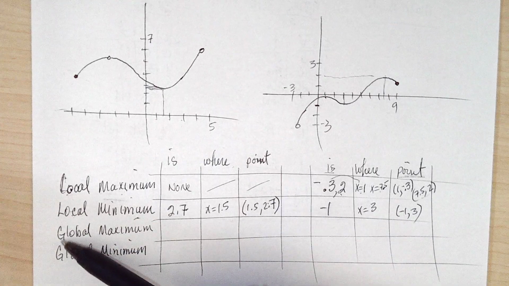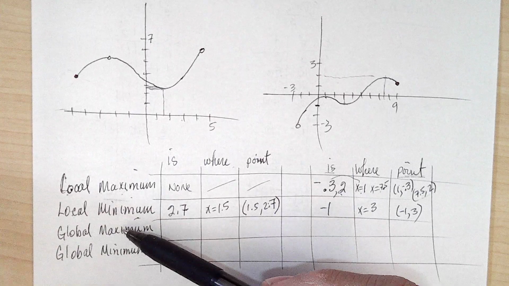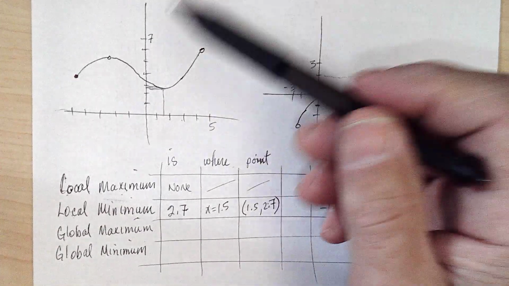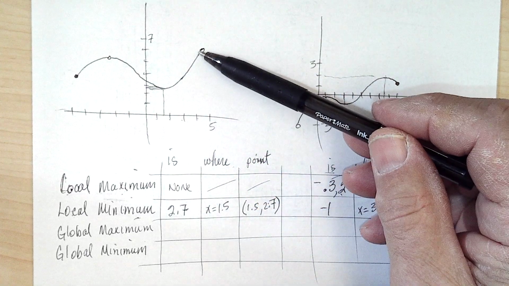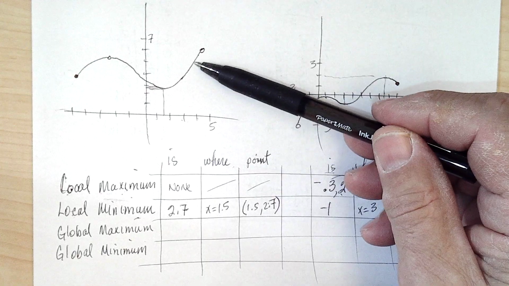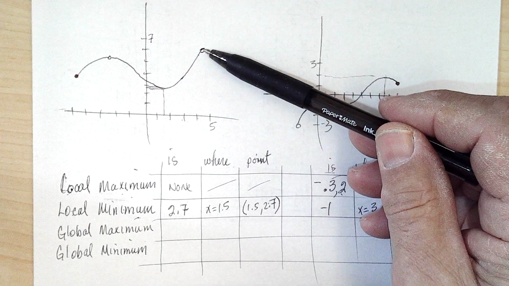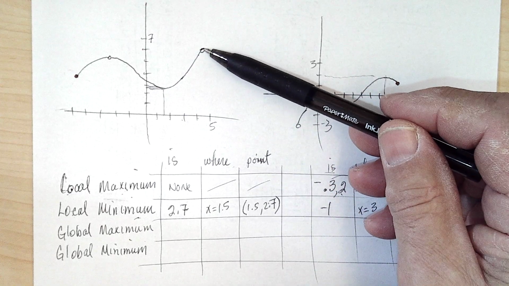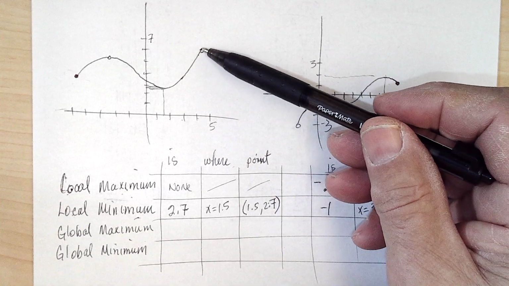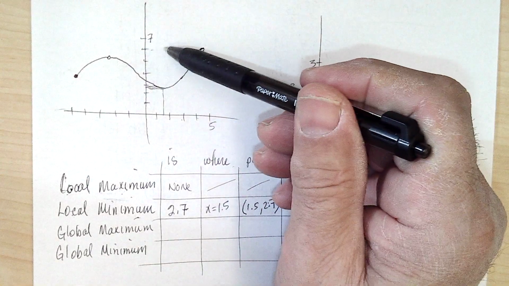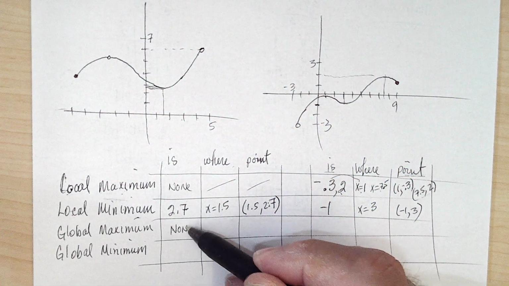Now, global max, it is the highest y value on the whole graph. Well, this is pretty high, but this looks higher. There's places higher over here. And it keeps going up, but it looks like it's headed towards 6, but it never gets there. That's what the open circle says. It gets closer and closer and closer to 6, but never reaches 6. So there is no global max.